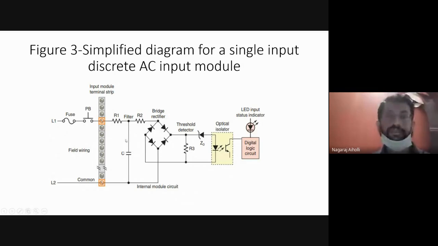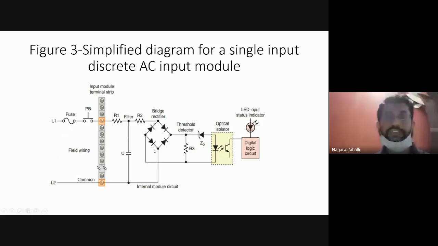For the positive portion, L1 becomes positive, plus polarity, and L2 becomes negative. L1 positive comes to the positive of this diode and negative L2 to its negative, so this diode is on. Similarly, this diode is also in the on state.